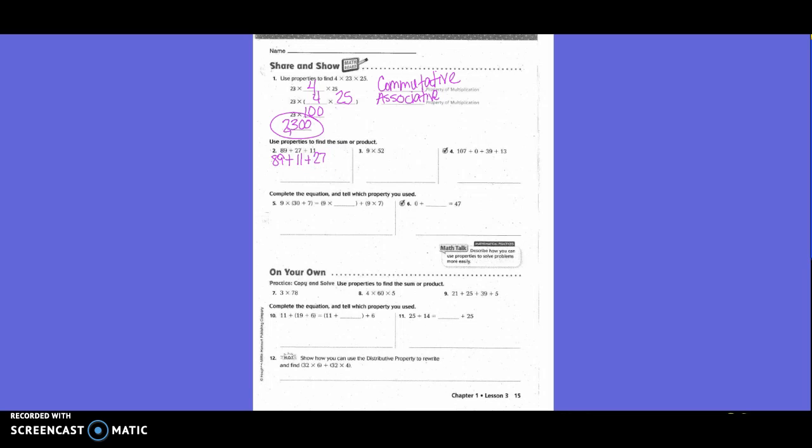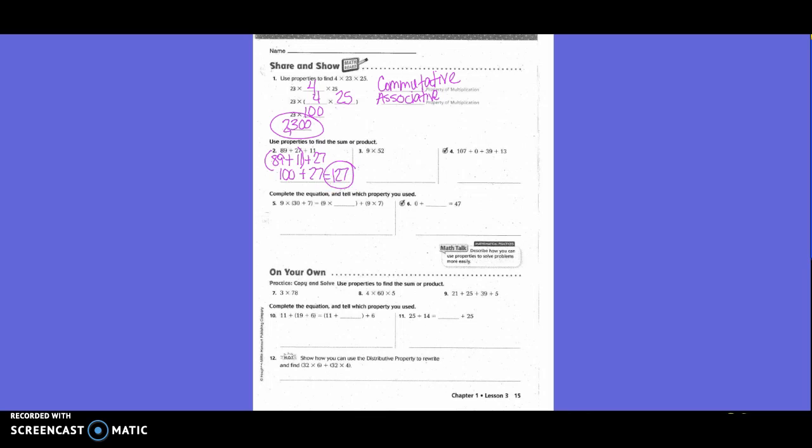Now, when I said I want to group those together, what am I going to use to group? Parentheses. Okay, parentheses, right? So what is 89 plus 11? 100. So then I'd have 100 plus 27 equals 127. And then that's my answer, correct?